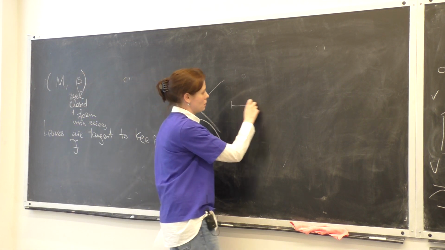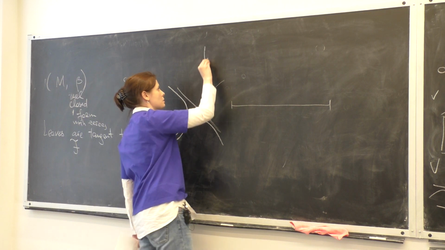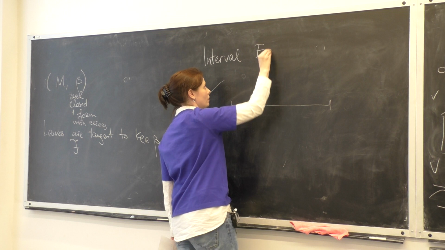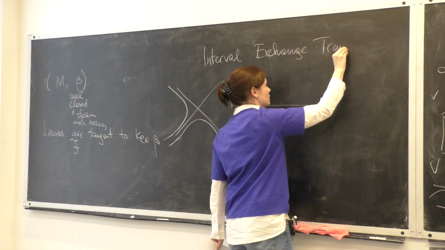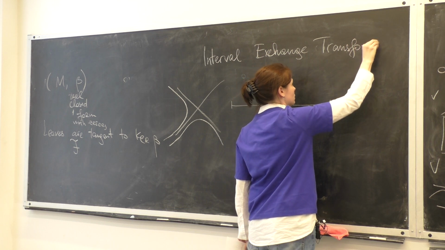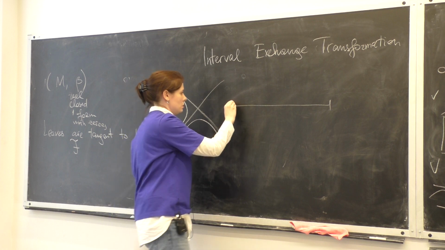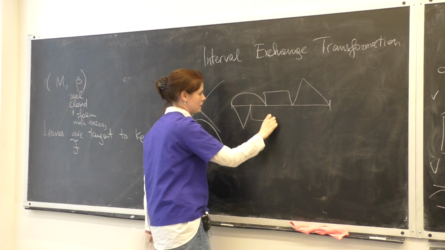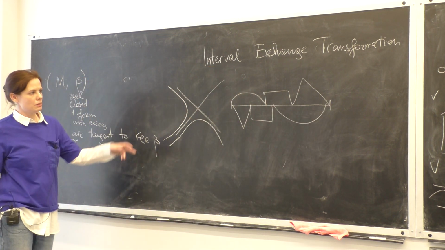So as a first return map, you get the following object, which is called an interval exchange transformation, and that has a very, very simple definition. You take an interval of the real axis, you divide it into several parts, and then you rearrange these parts by orientation-preserving isometries on each part.